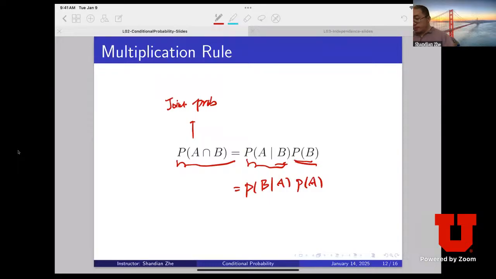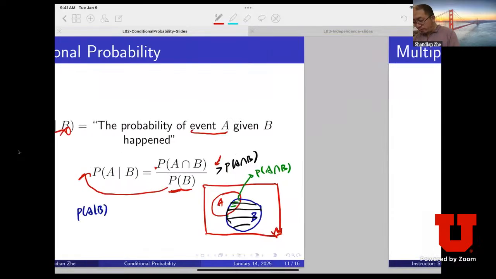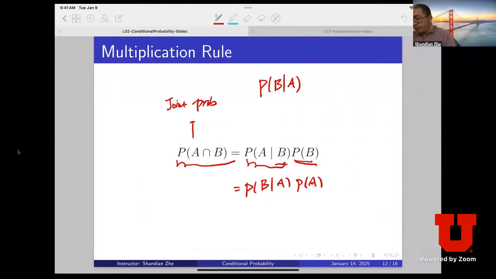If you feel uncomfortable, we can think about the definition of conditional probability of B given A. From the definition, you just switch in B, so it will be the joint probability of A and B, which means probability of A intersection with B, divided by the marginal probability of A. That's the definition, and then you multiply this to the left.